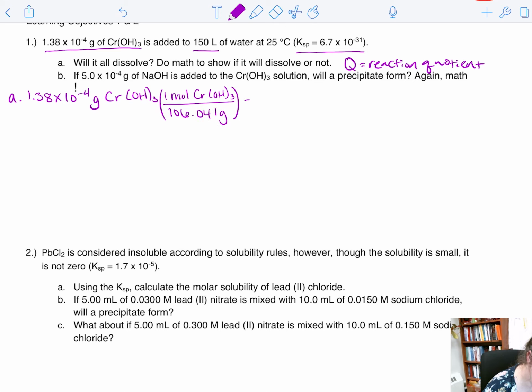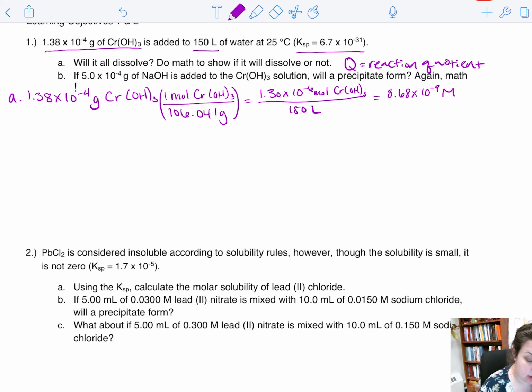So when we divide that out, we get 1.30 times 10 to the negative 6 moles of our chromium 3 hydroxide. And then we want to put it in concentration, so we divide by 150 liters. Concentration is needed for any of these Ks or Qs, so we get 8.68 times 10 to the negative 9 molar.